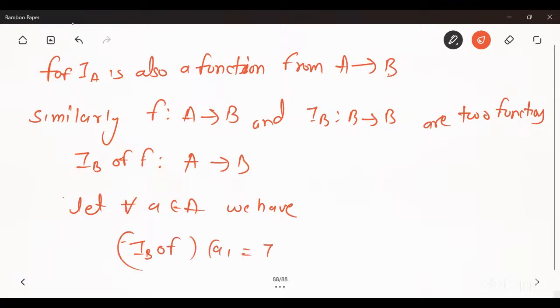So IB of F of a means IB of f(a). So we will get f(a) as value.